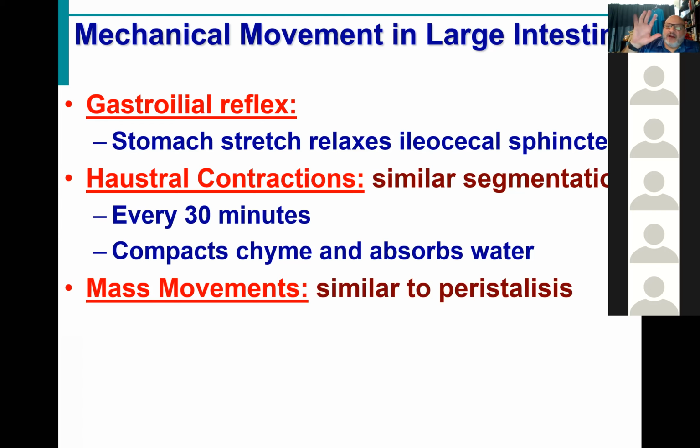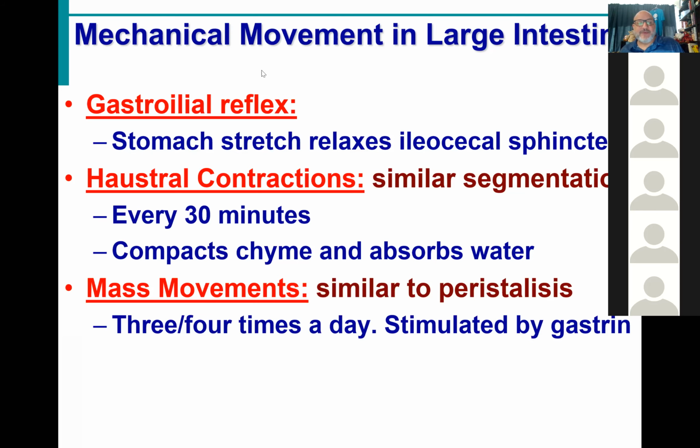While it can undergo minor peristalsis, the major movement in the large intestine occurs thanks to these movements called mass movements. These mass movements occur on average 3 to 4 times a day, but it is directly related to how often you eat, the volume of food you eat, and the composition of the food you eat, because these are stimulated by gastrin.